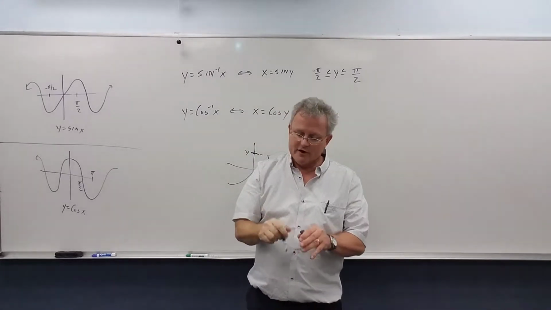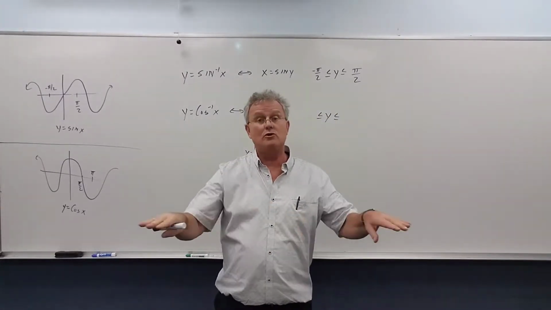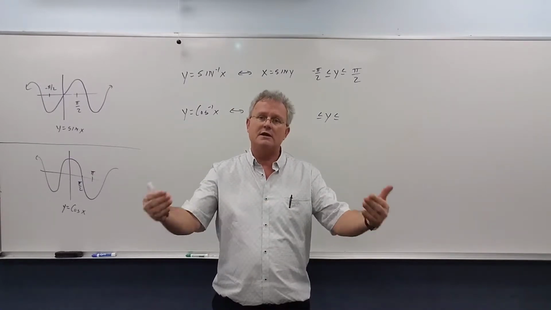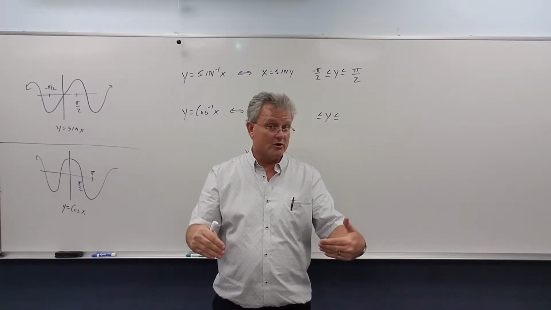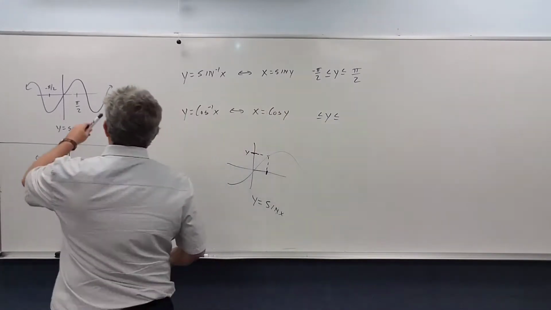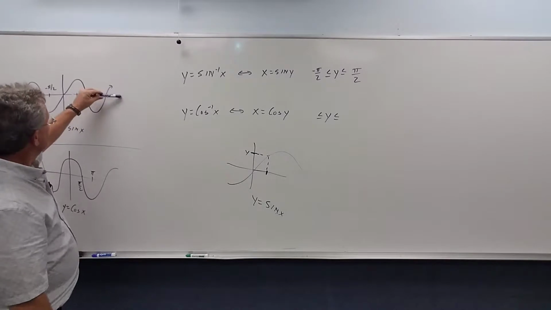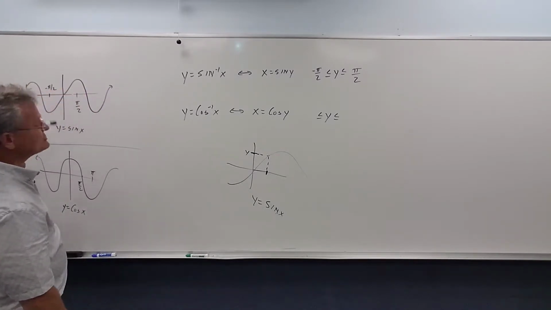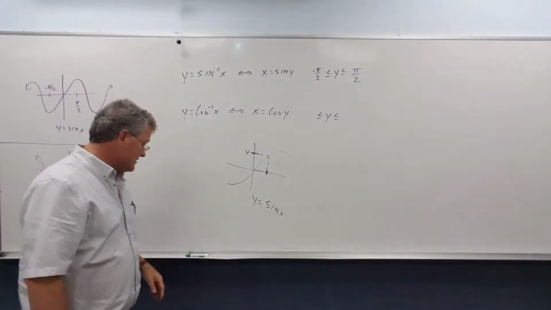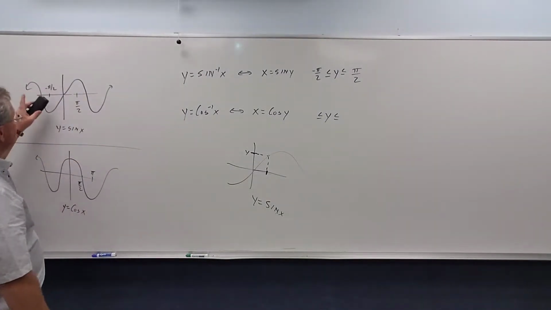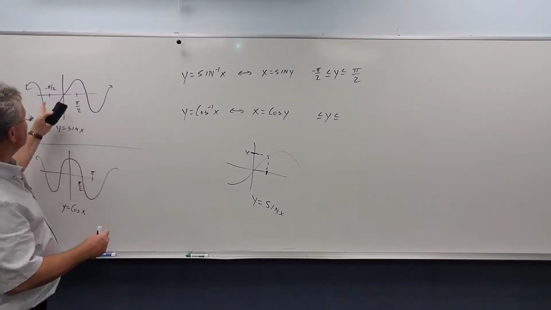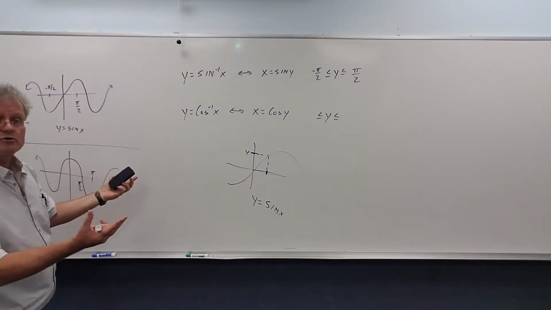Now another thing. If you remember, for inverse functions, the function has to be 1-to-1 to have an inverse. What is 1-to-1? It's got to pass the horizontal line test. Look at sine. A horizontal line crosses it a whole lot of times. In order to pass the horizontal line test, it's only got to cross once. So what we do here is we only consider the part of the sine graph that is 1-to-1.